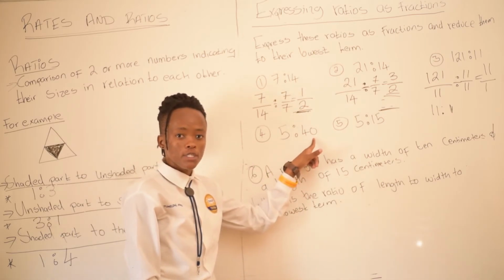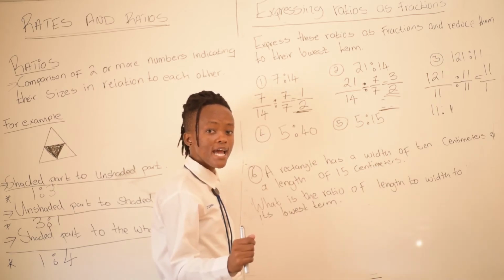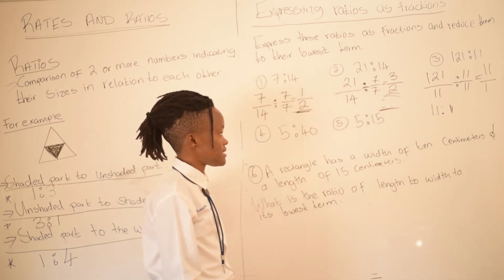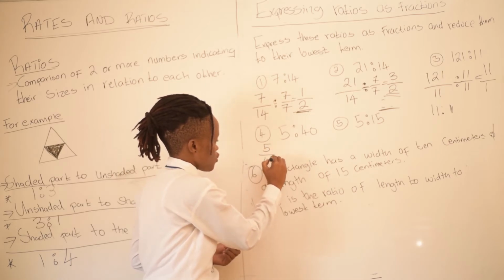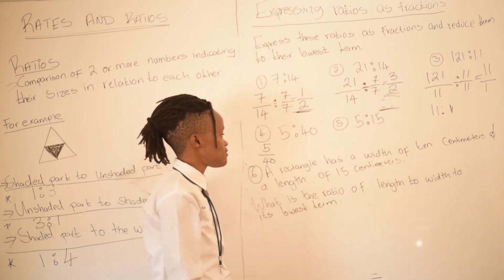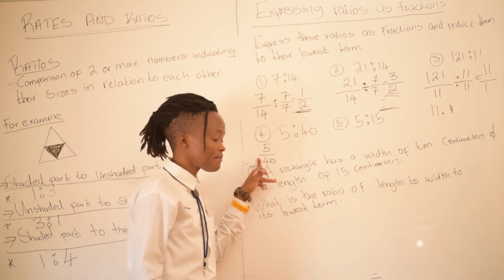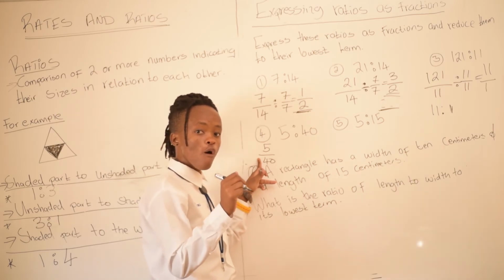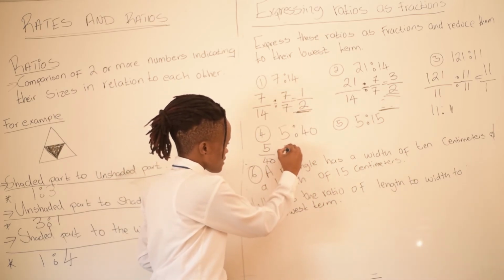5 is to 40. What do? We change it into a fraction and then we reduce it. It becomes 5 over 40. After this, what do? We reduce it. We find a number that can get into 5 and at the same time get into 40. So that number is 5.